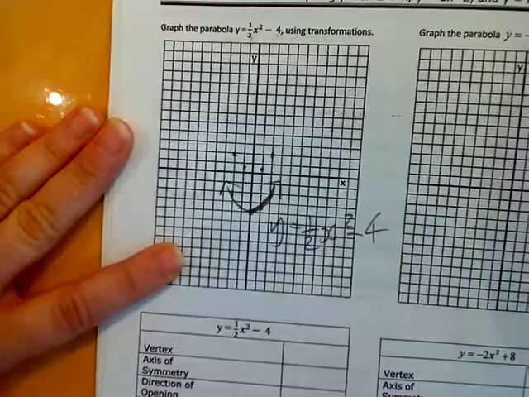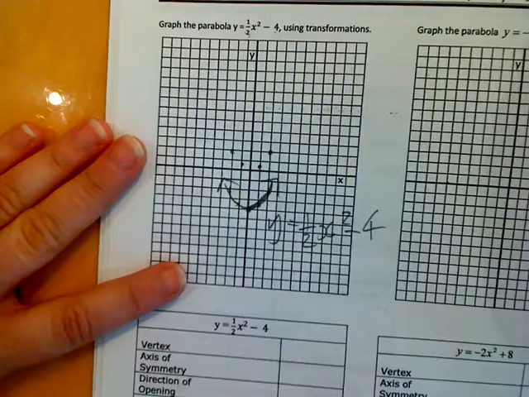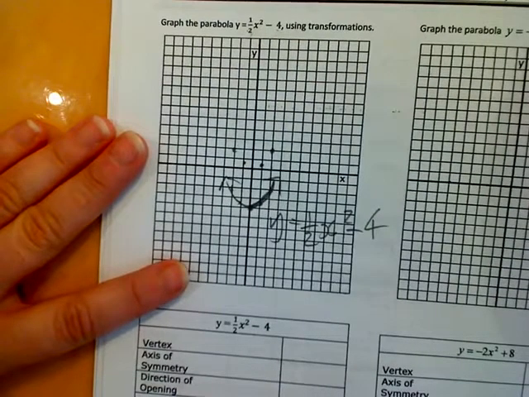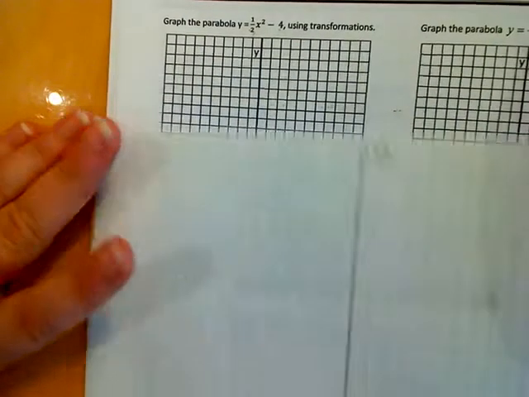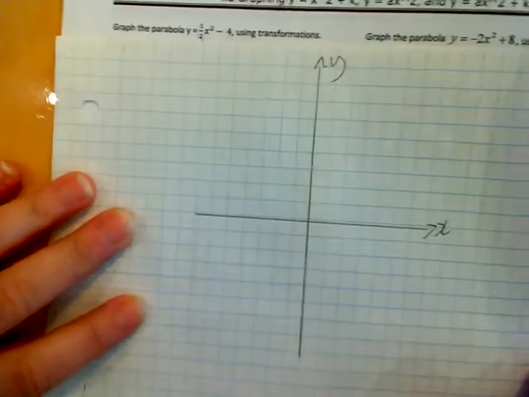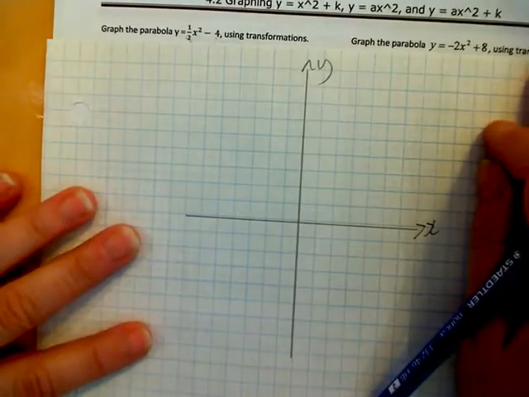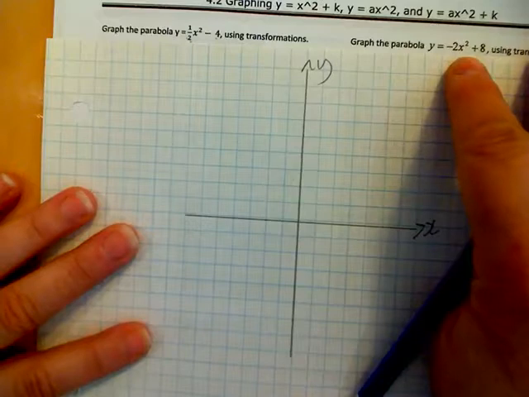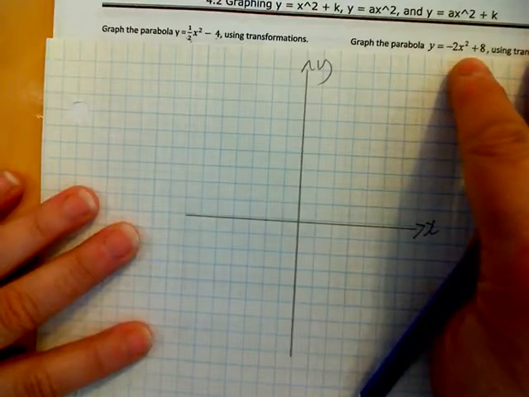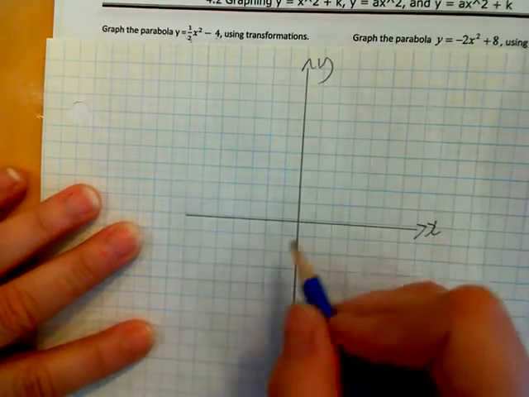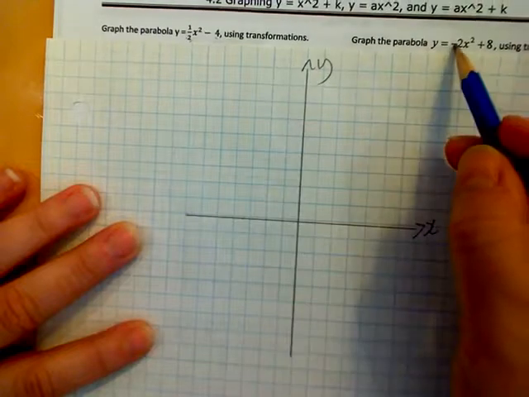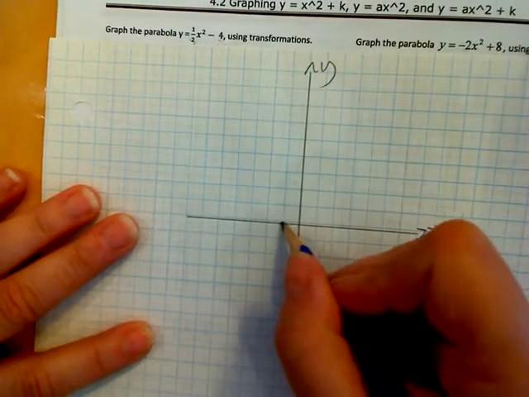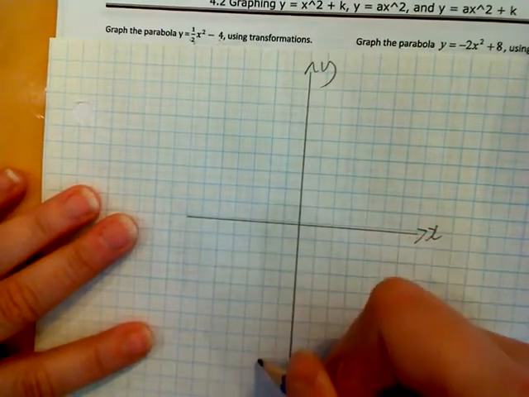I know it's hard to see with the grid being so dark, so let's do another one over here. Here, we're going to graph y equals -2x squared plus 8. Okay, so I know I'm going to be concave down because of the negative. I know I'm going to be over 1 down 2, over 1 down 6.